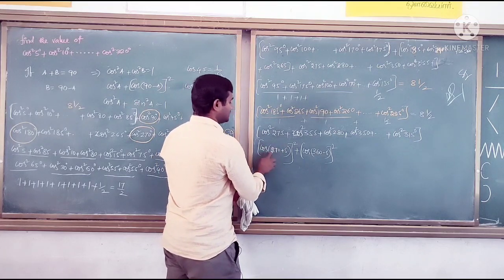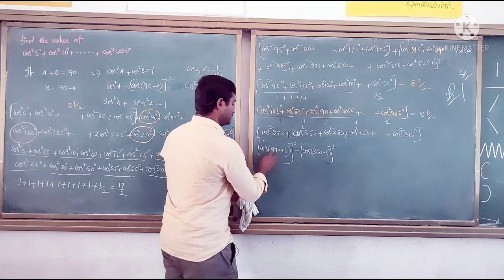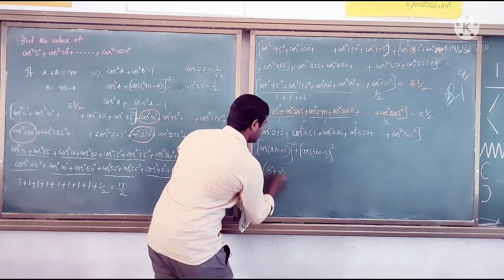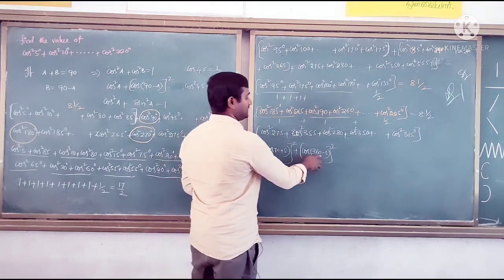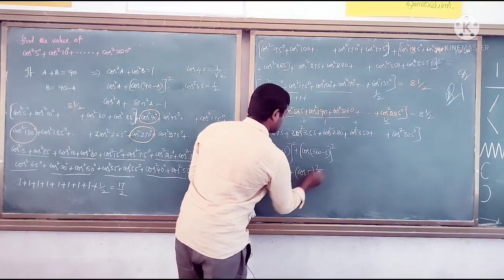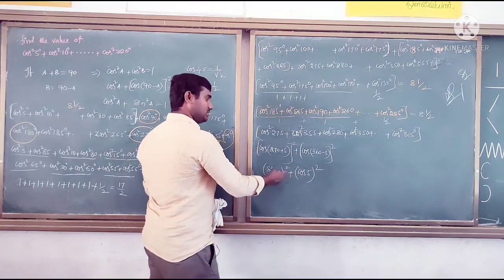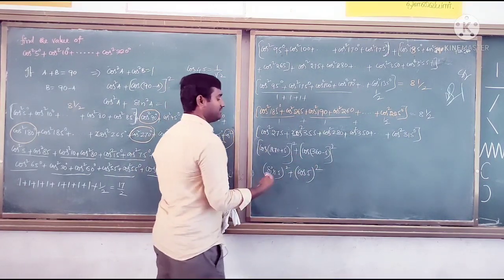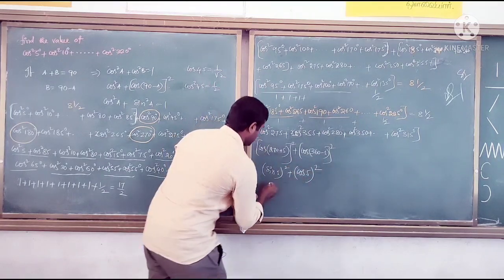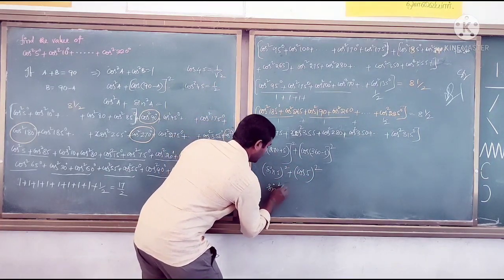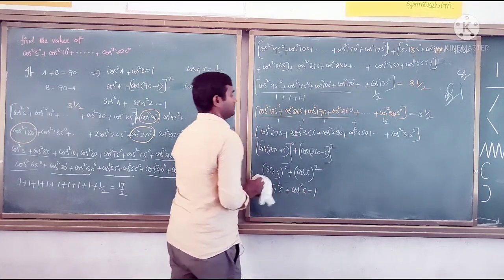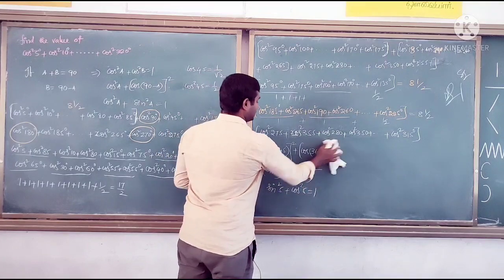This is an odd multiple of 90, so cos becomes sin. So sin 5 whole square, plus cos(360 − 5), fourth quadrant, so cos 5 whole square. Fourth quadrant cos is positive. Here 360 is an even multiple of 90, so we can write cos 5. So sin square 5 plus cos square 5 equals how much? 1.